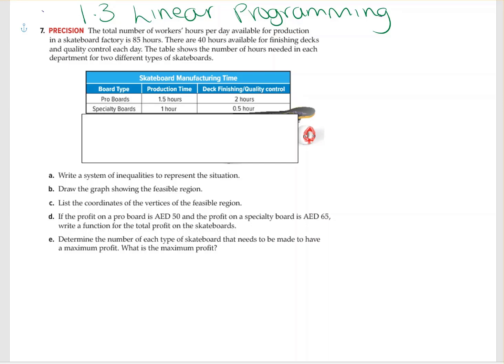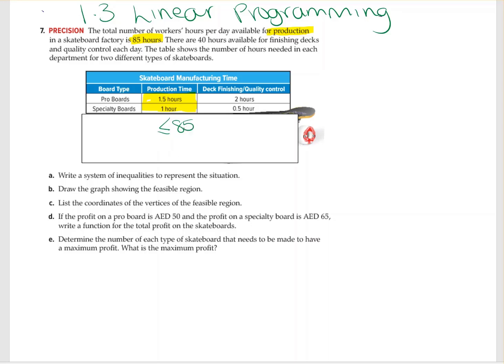So we're going to go back and highlight the information in the question. So the total number of workers' hours available per day for production in a skateboard factory is 85 hours. Okay, so this is production here, in yellow. So we know this is going to be less or equal to 85.